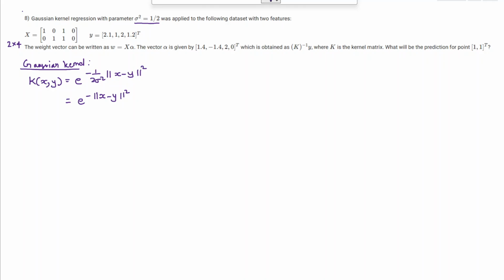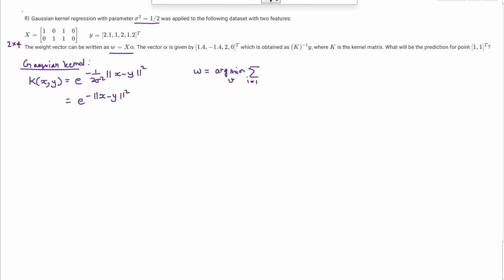Then it is given that the weight vector can be written as w equal to X alpha, right? So here w is nothing but the w which minimizes the loss function. Let me write it like this: w is the argmin over, let me write v instead of w, of what is to be minimized, the sum of squared errors.